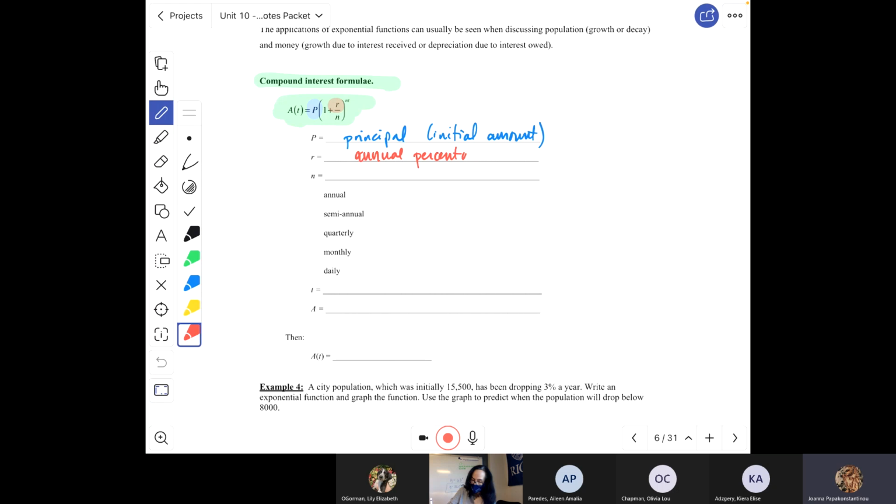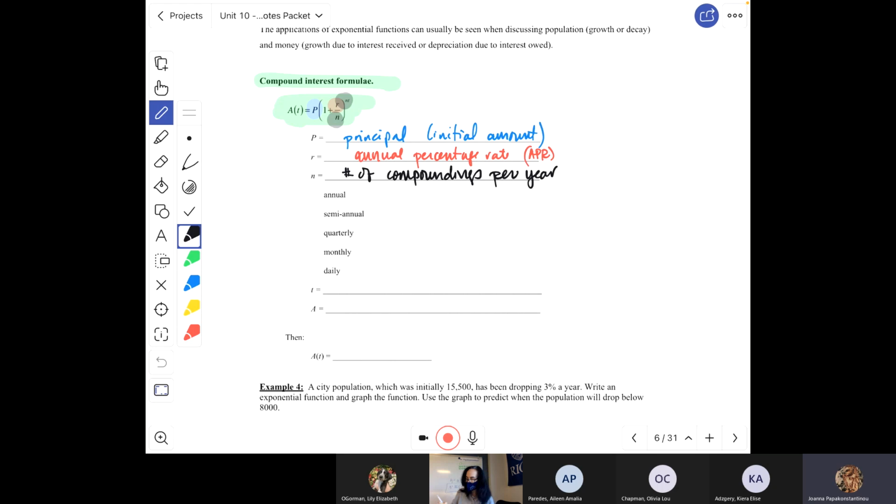The abbreviation that you may have seen before is APR. That's your annual percentage rate. N, this little N, is telling you the number of compoundings per year, how often we're accruing interest.